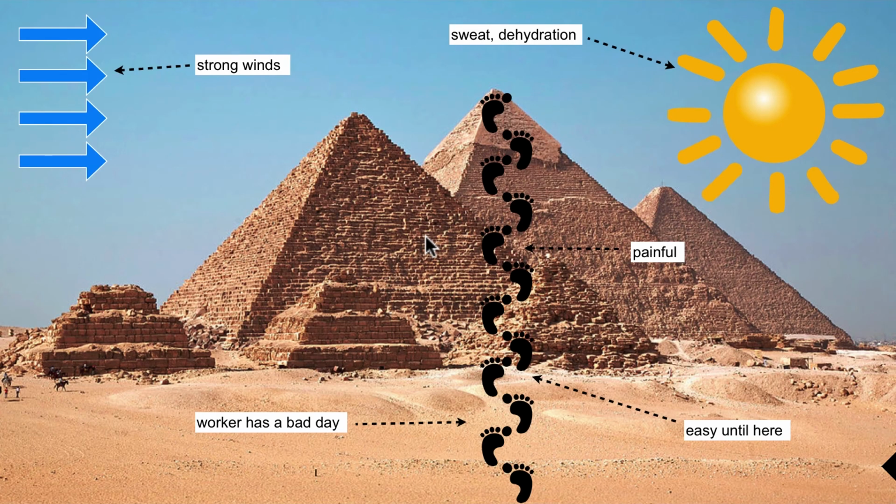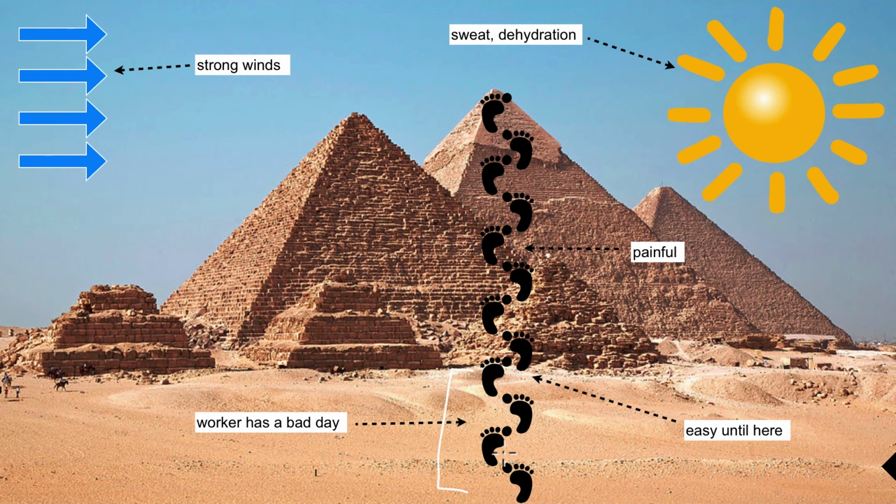Okay, but getting back to the pyramid, very often you feel like there are so many factors influencing the performance. So far we consider that this is really cheap, but what we ignored is that on this day the worker has a bad day, the guy who's running up the pyramid has a bad day, and he is really slow. We also totally ignored that the sun has a huge effect on the performance of the guy walking up the pyramid.